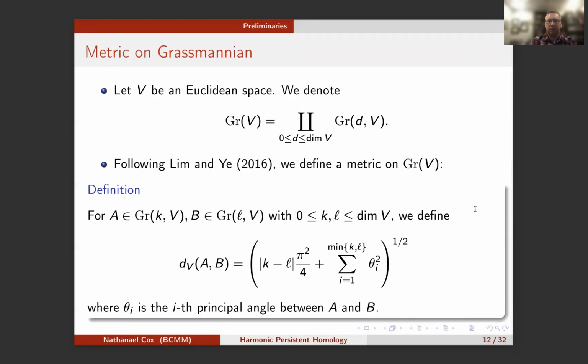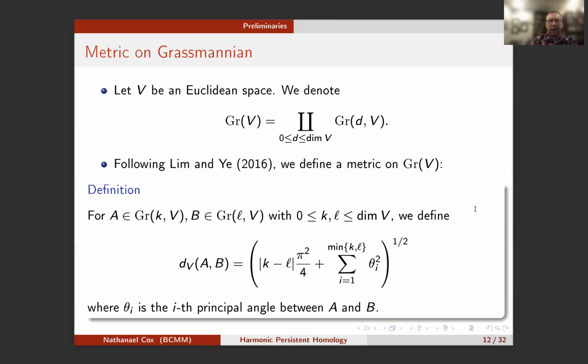And if we take the disjoint union over all d, we can get this new space, which we'll call Gr(V). And following Lim and Ye in their 2016 paper, we can define a metric on the Grassmannian of V.